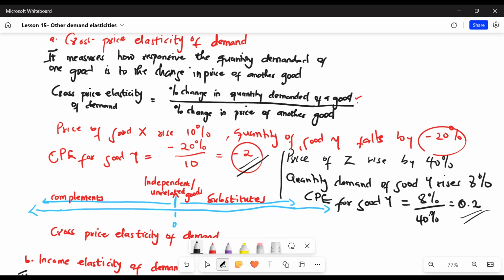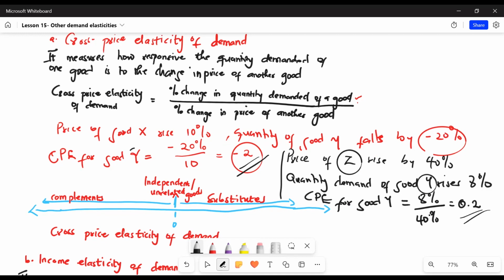So the sign of the cross price elasticity of demand tells you something important. When the cross price elasticity is positive, it means the two goods are substitutes. So in this example, good Z and good Y are substitutes. Examples of these goods are coffee and tea. These goods are used in place of each other.